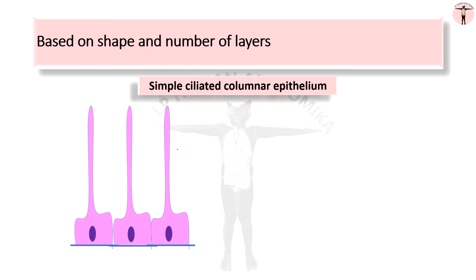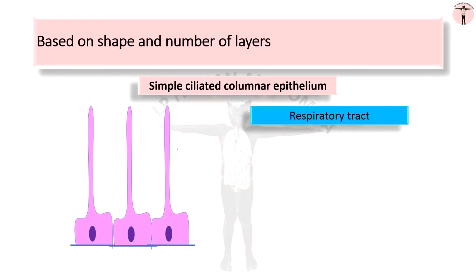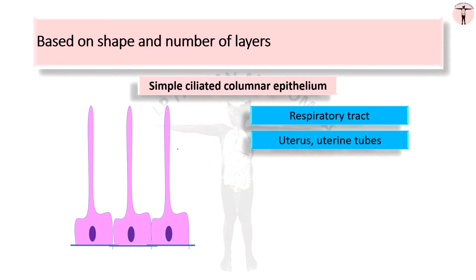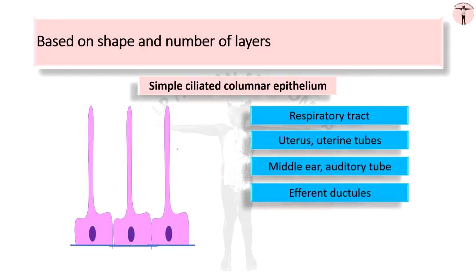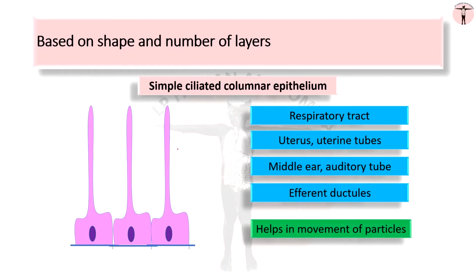It is present in respiratory tract, uterus and uterine tubes, the middle ear cavity and the auditory tube, and the efferent ductules of testis. It helps in movement of particles like mucus in the respiratory tract, ovum in the uterine tubes and uterus.